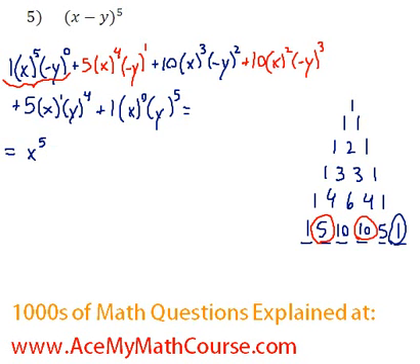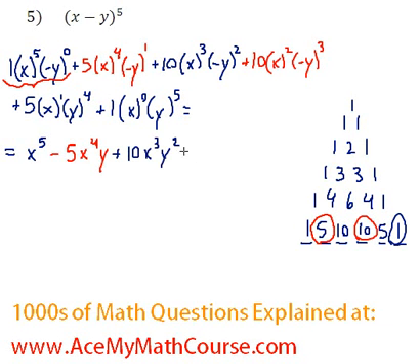Actually, let me keep the colors going just in case, right? 5x to the 4 times negative y will be just negative 5x to the 4y. So over here we have negative y squared is just positive y squared. So we're just going to end up with 10x cubed y squared.